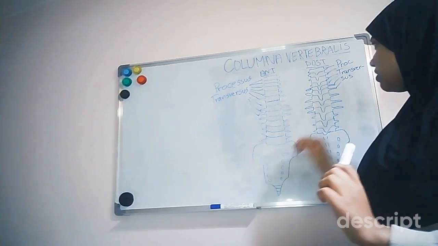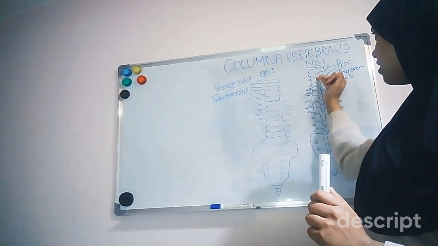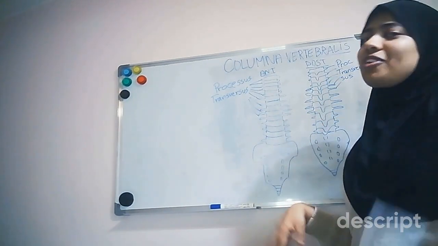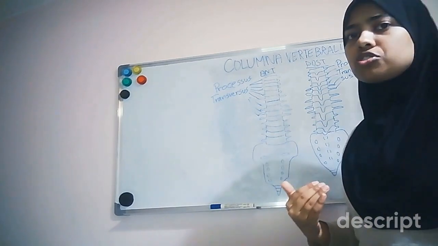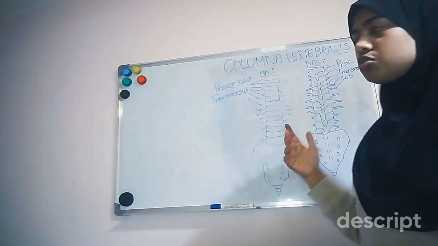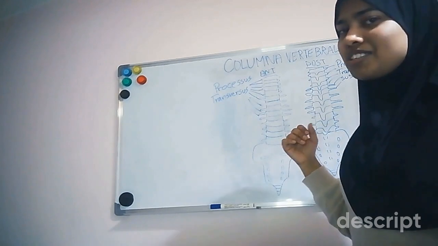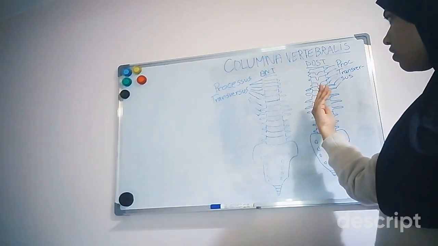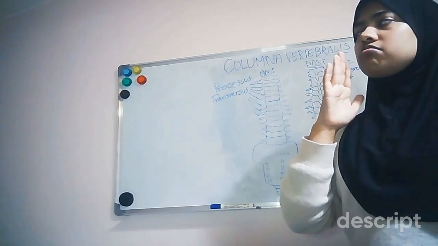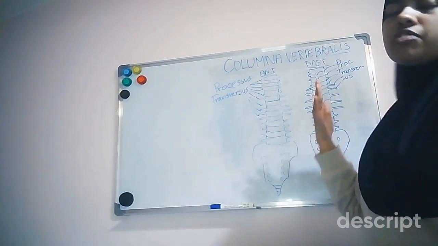Now, you may think, okay, but what are these? And this is my way of drawing. It is a 3-dimensional structure, but I'm just drawing it in 2D. But these are also protrusions, so it's processus, and they are protruding posteriorly.